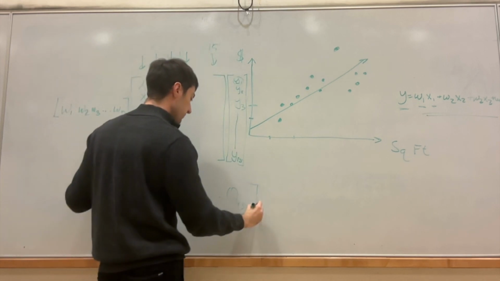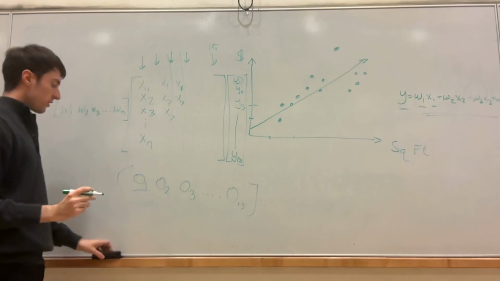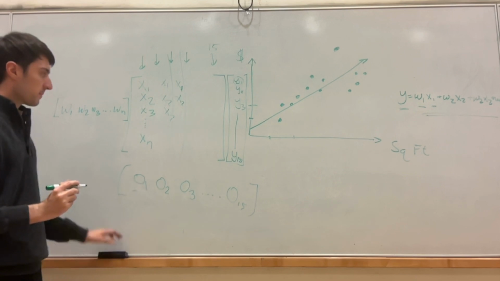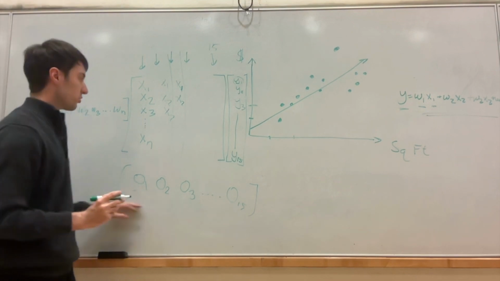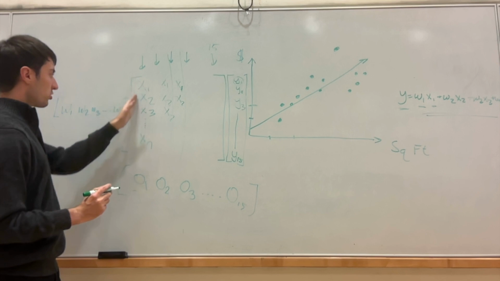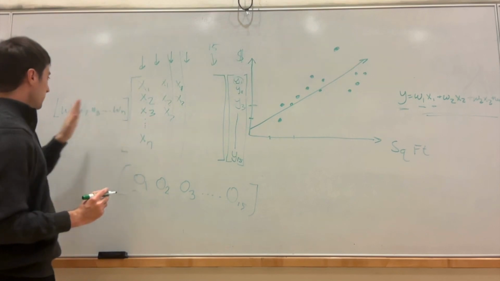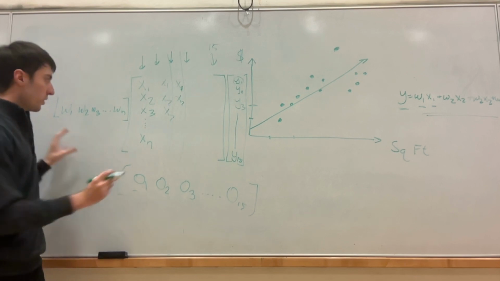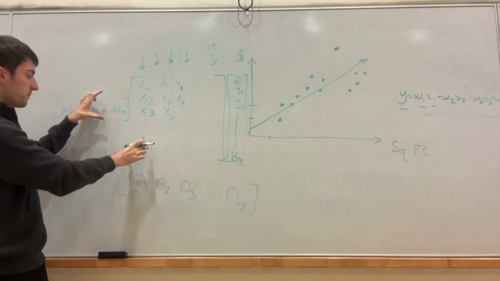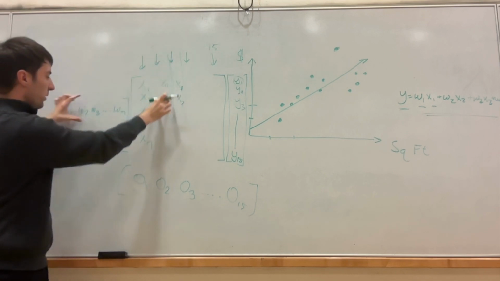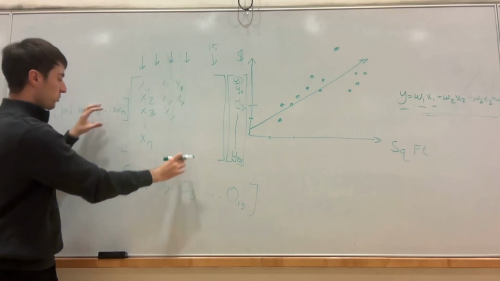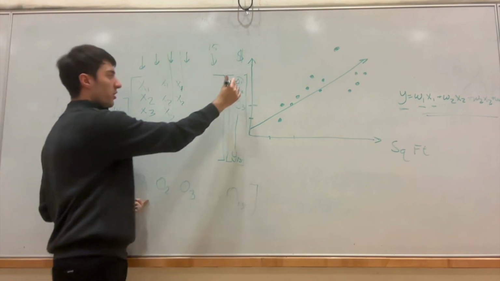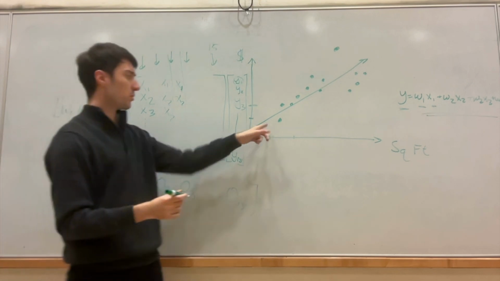We can make that into a vector, and this will be a vector of the outputs for our model. So we have our training data points, we have our weight vectors, and then we multiply this way and get an output. We multiply this way, get an output, this way, get an output. And we want this to be very close to the actual, just like we wanted here.